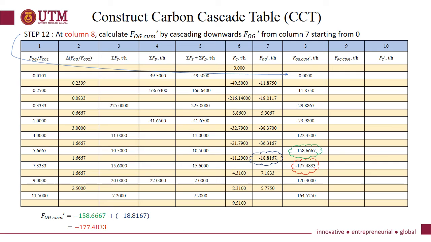The value of negative 177.4833, which is circled with red color, is obtained by summing up the value before it at column 8, which is negative 158.6667 circled with green color, with FOG from column 7, which is negative 18.8167 circled with blue color. The carbon cascade table in the slide shows the result after finishing cascading for column 8.